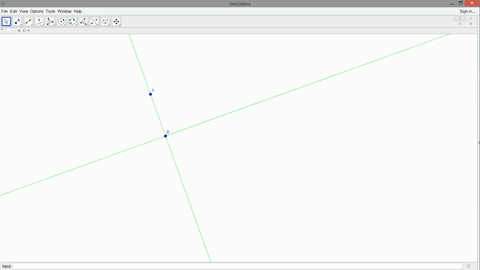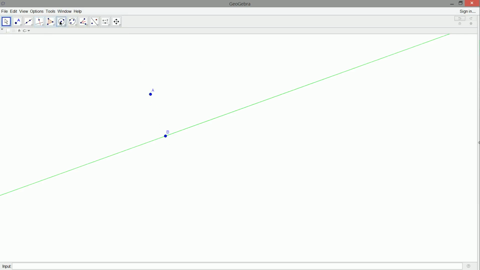So now, if we got rid of B, we'd be back to the reflect in a line situation. But the point that we would get when we reflect in the line would be exactly the point reflected in B that we wanted. Okay?